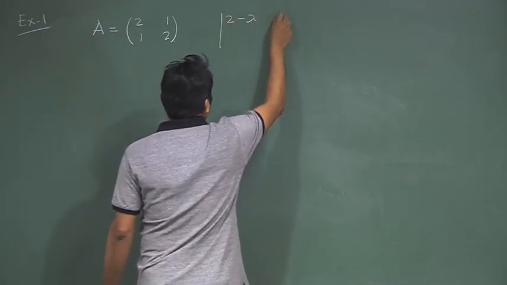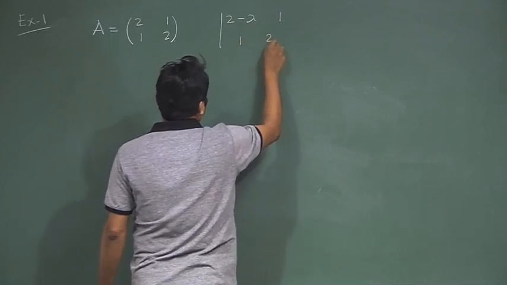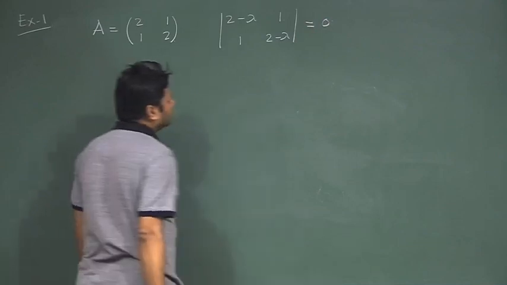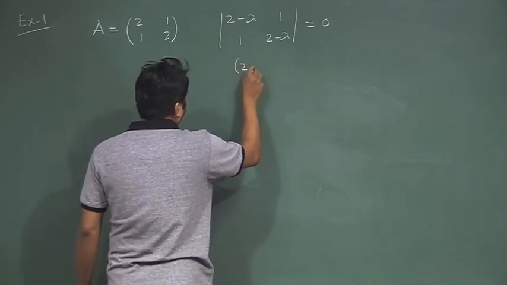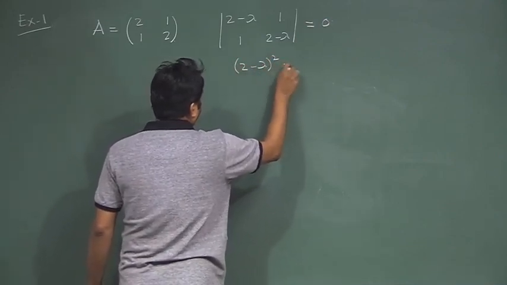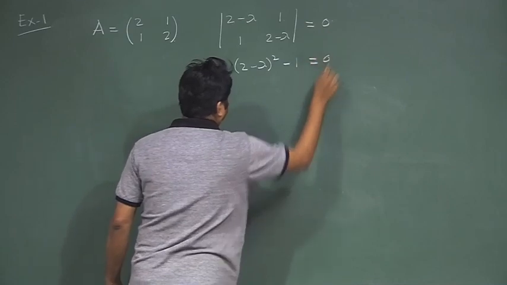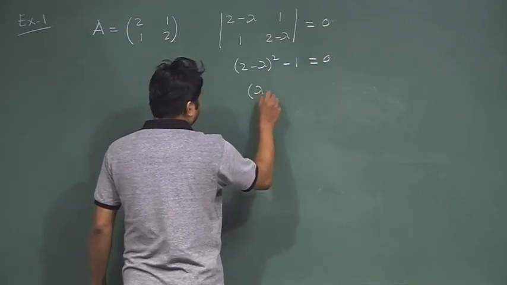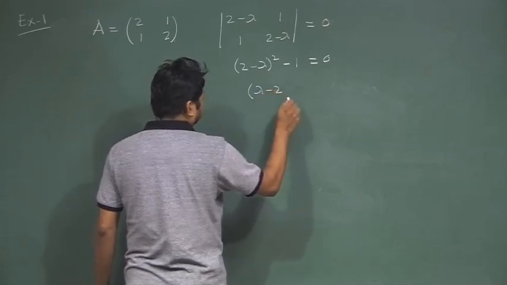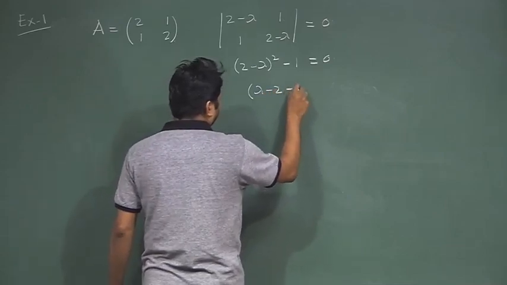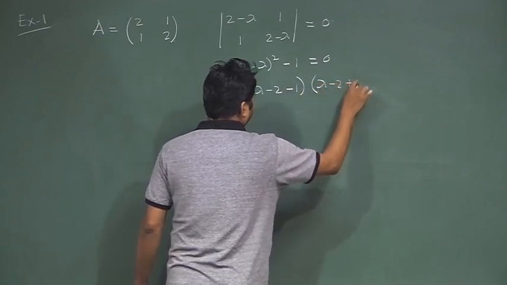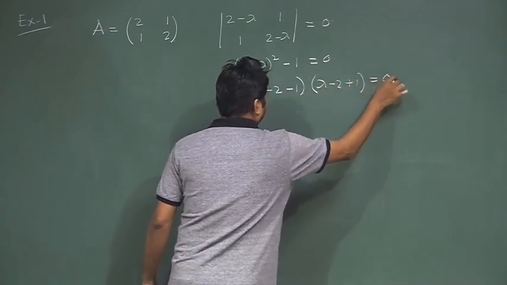So first I need to find out the characteristic or secular equation, which is this, equal to 0. So (2 minus lambda) squared minus 1 is equal to 0. So I find (lambda minus 2 minus 1)(lambda minus 2 plus 1) is equal to 0.